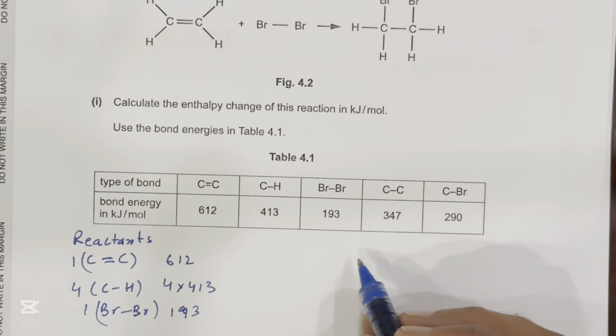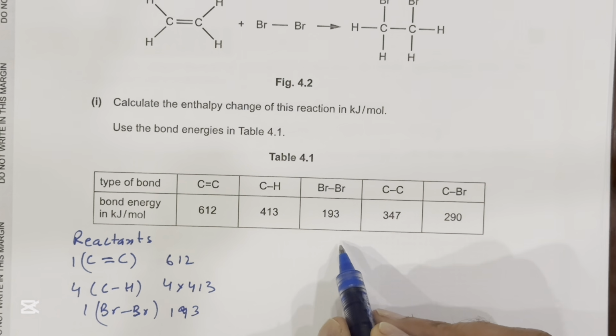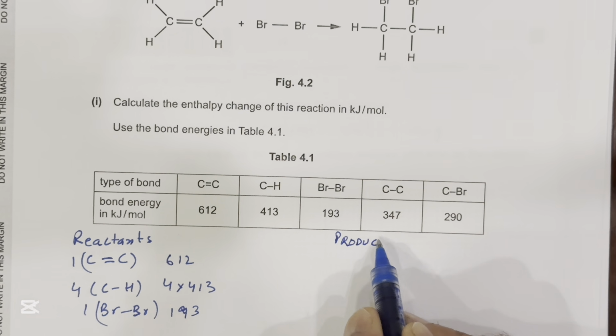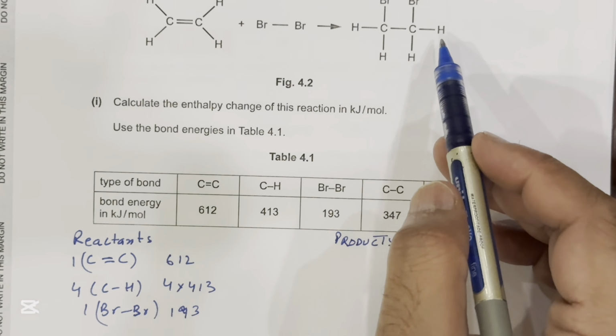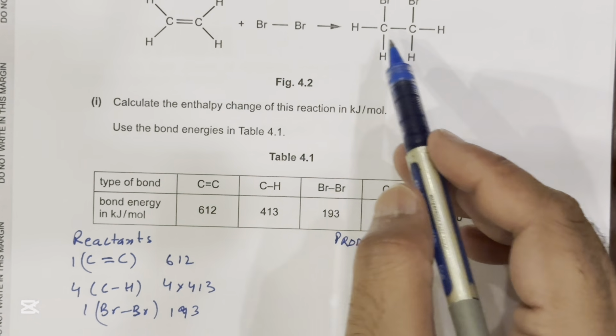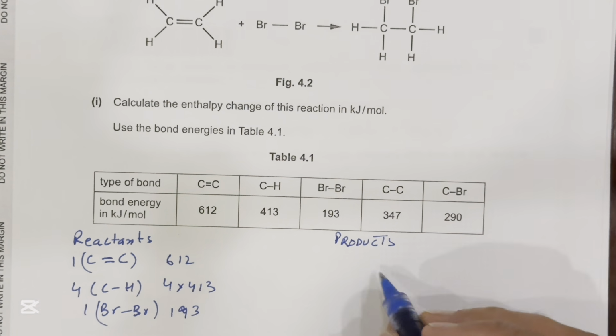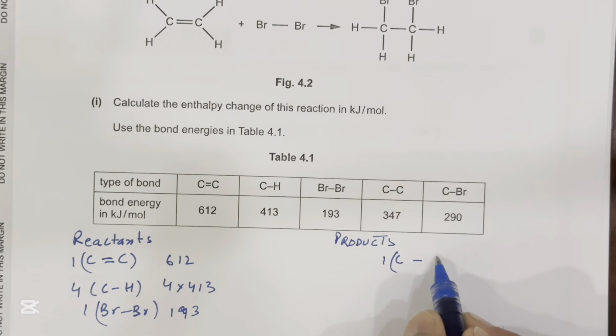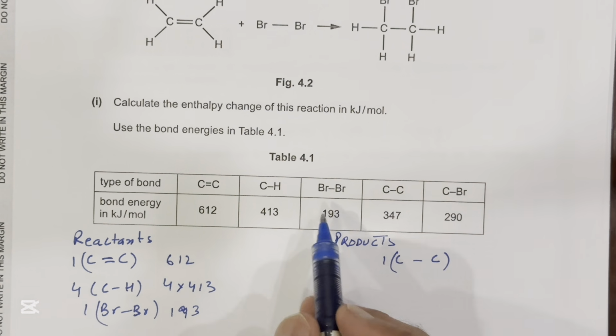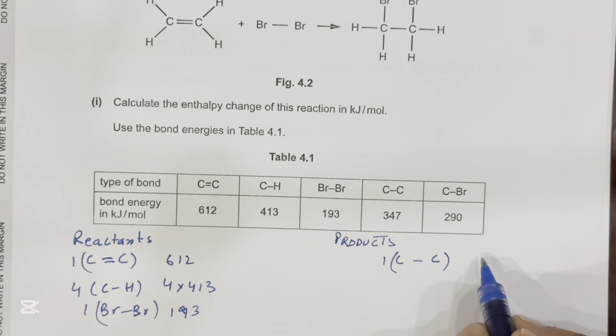Now for the products. From the products you can see there is 1 carbon single bond. You can write 1 carbon single bond, which has an energy of 347.